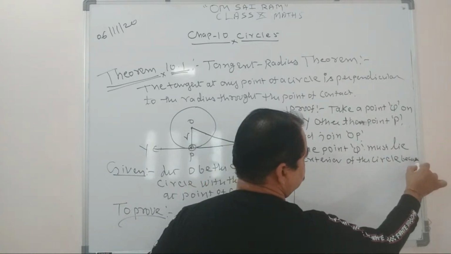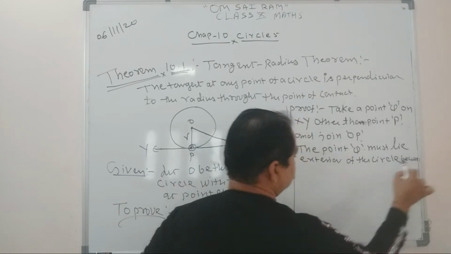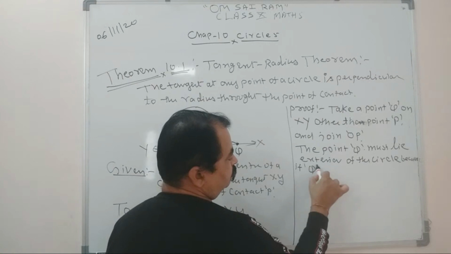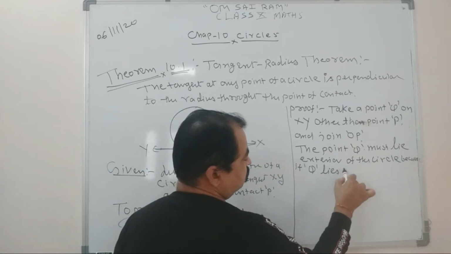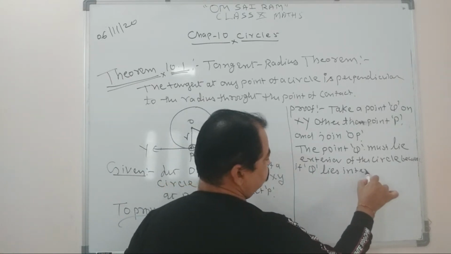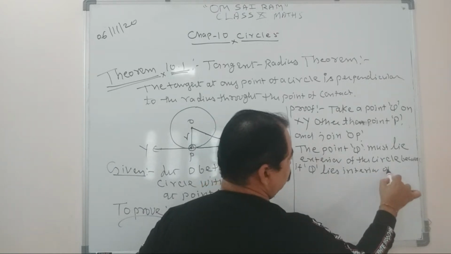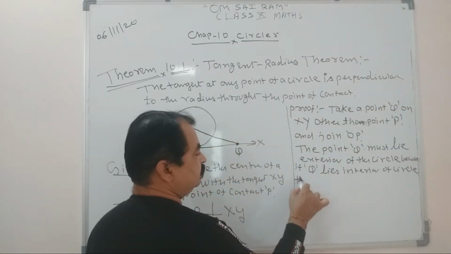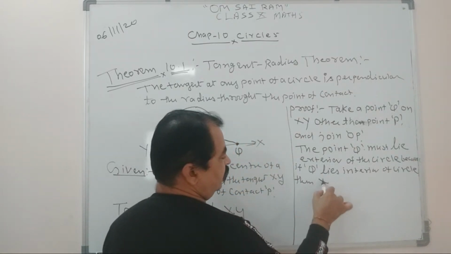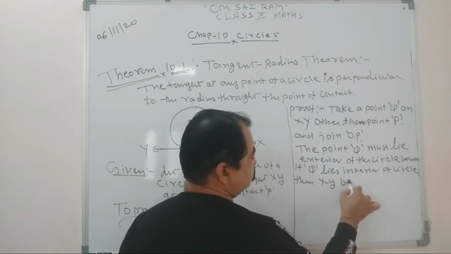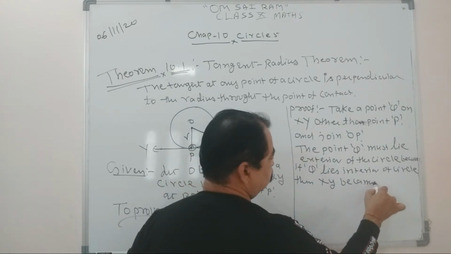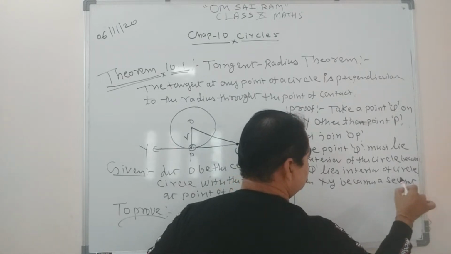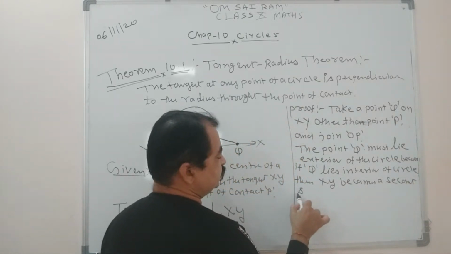Because if Q lies in the interior of the circle, then XY becomes a secant and not a tangent.